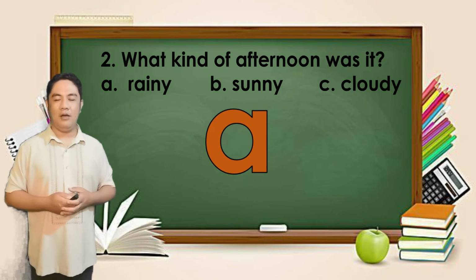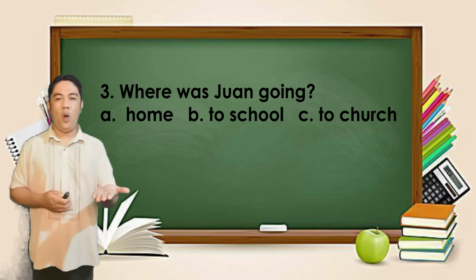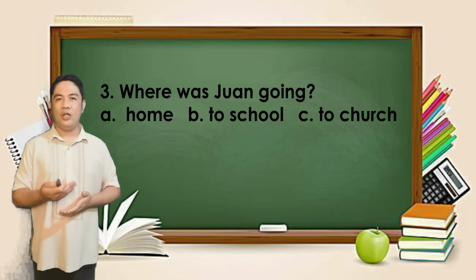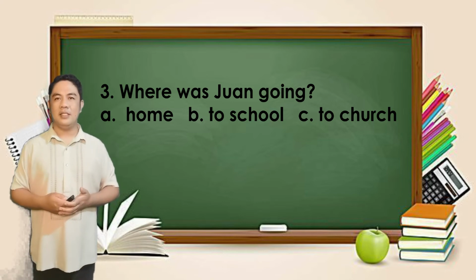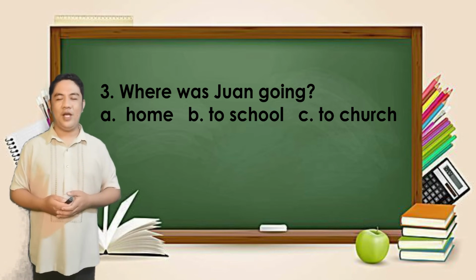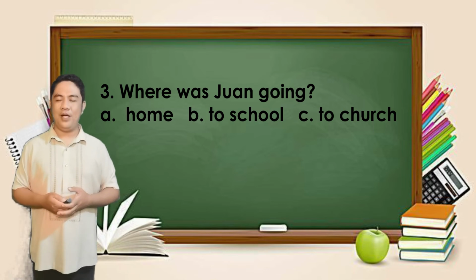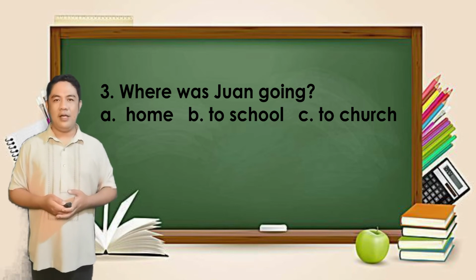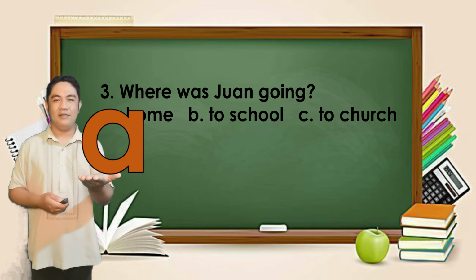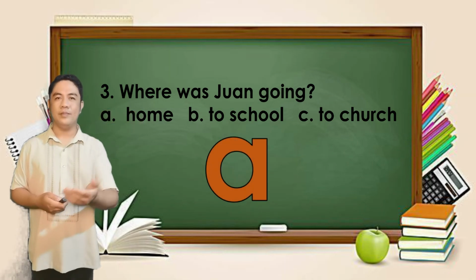For number 3, where was Juan going? A. Home. B. To school. C. To church. What is your answer? The correct answer for number 3 is letter A. Why letter A? Because Juan did not go straight home.